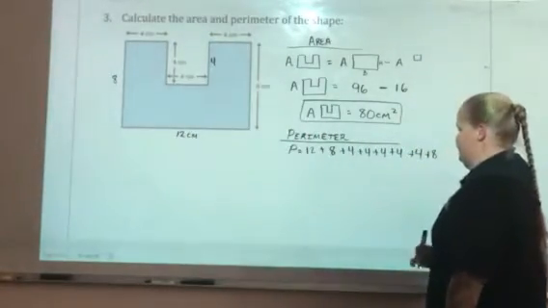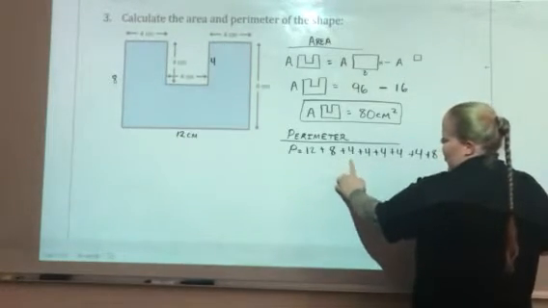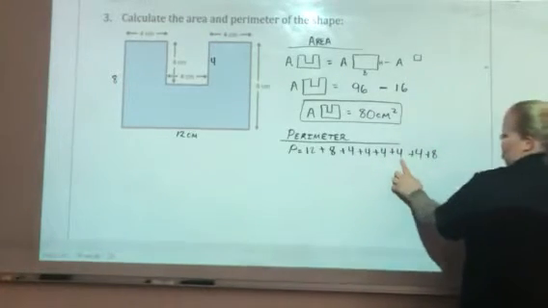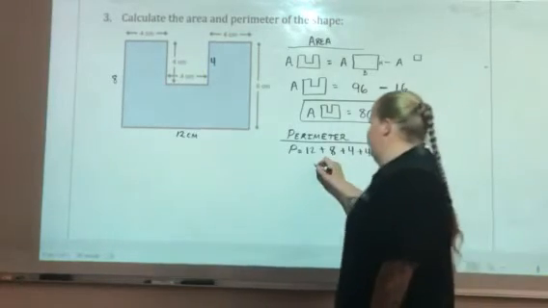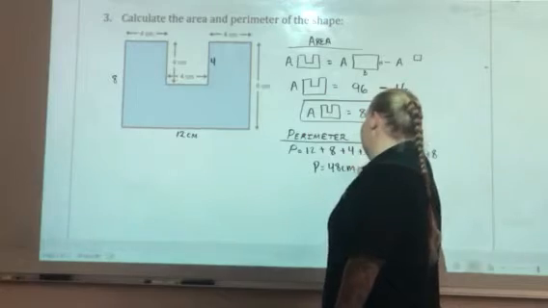A lot of 4s there. That's okay. So I have 12 plus 8, that's 20, 24, 28, 32, 36, 48. So the perimeter is going to equal 48 centimeters.